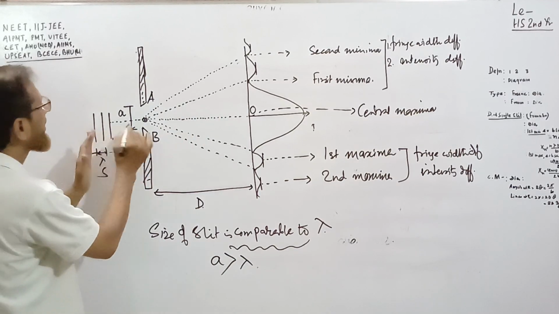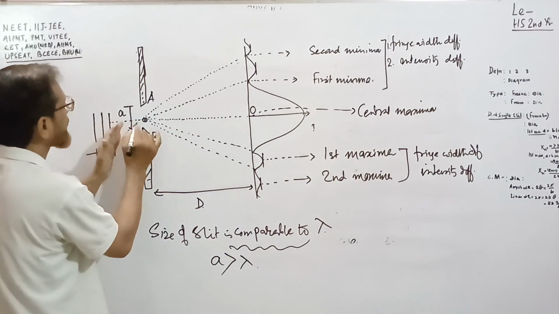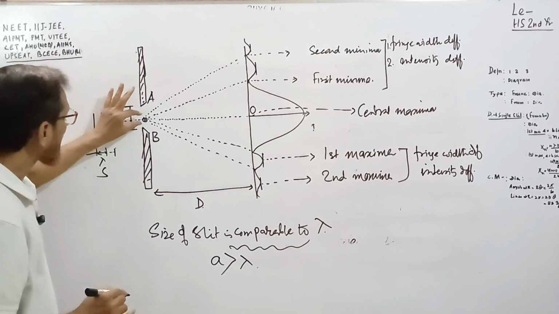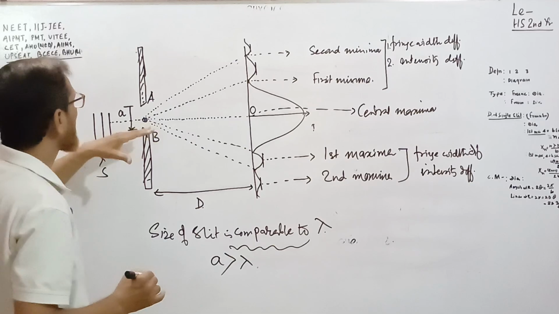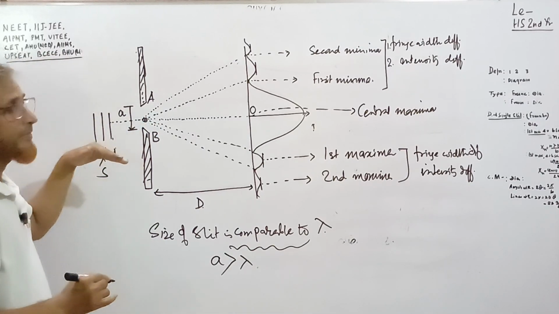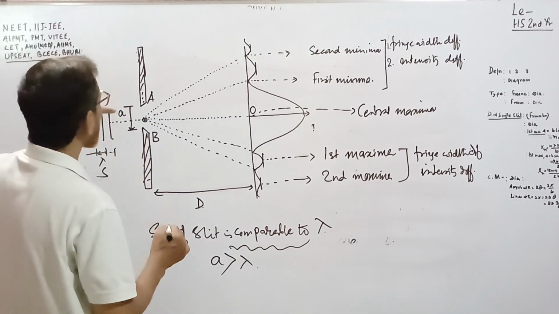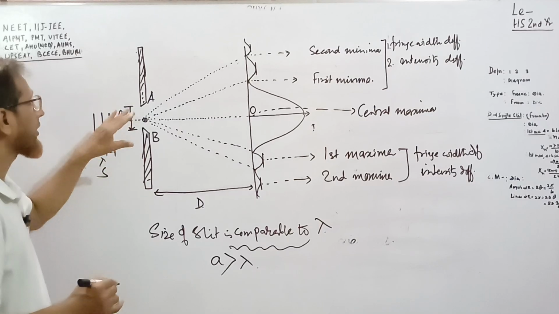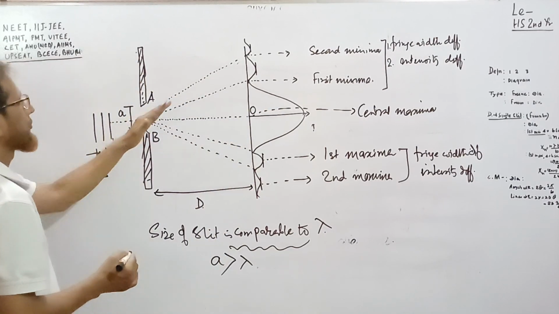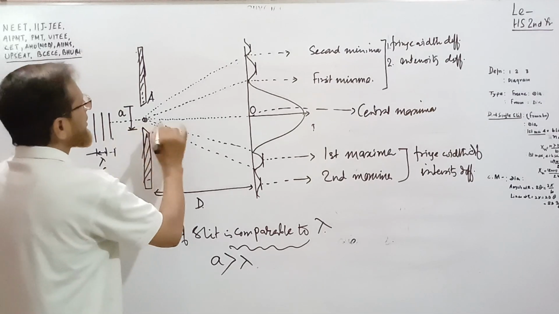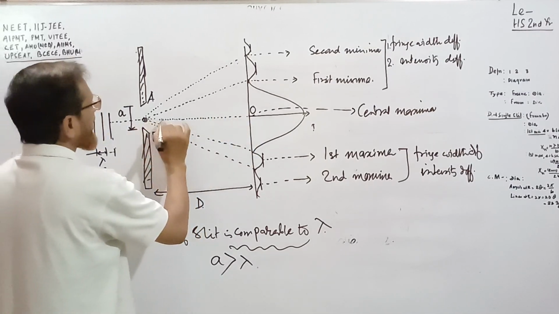What happens when it starts to pass through this? After passing through the slit or the aperture, it spreads in this way. So it disperses and propagates in this way.